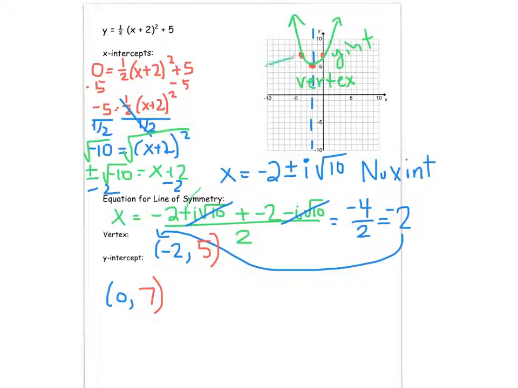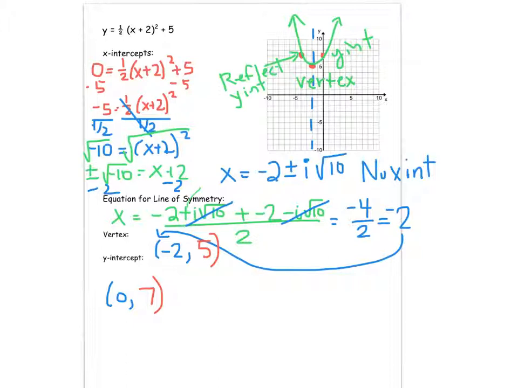So we have to use the reflection to have enough points to graph when we do not have x-intercepts. In other graphs, the reflection of the y-intercept is optional, but not if we only have 2 points.